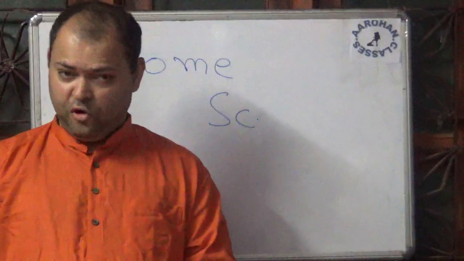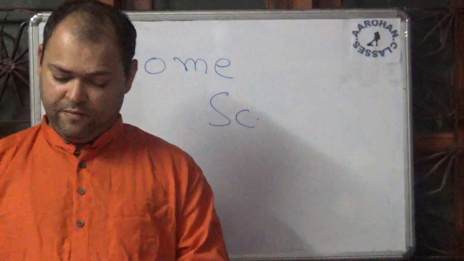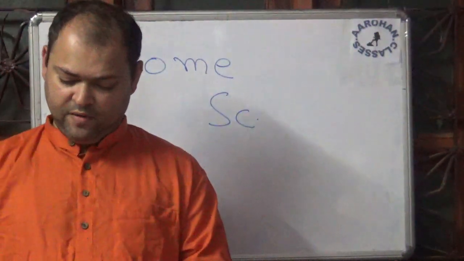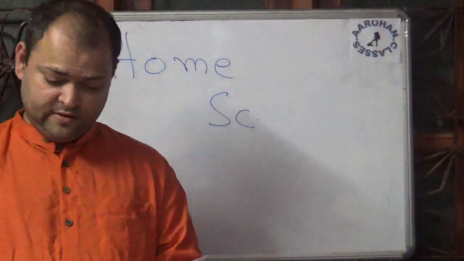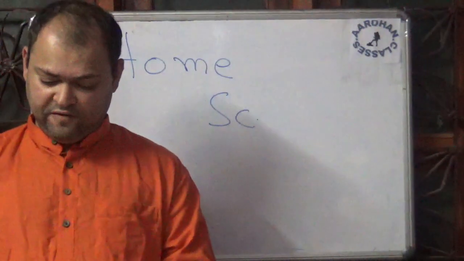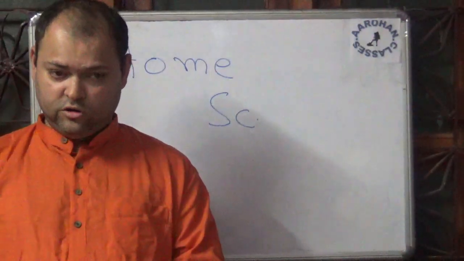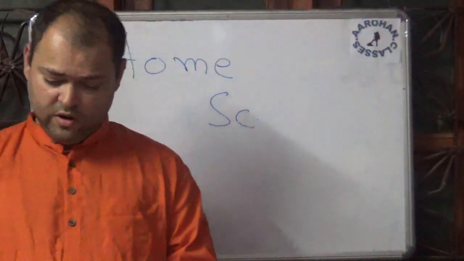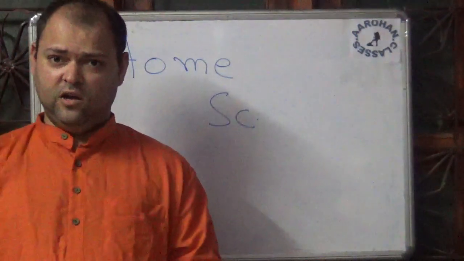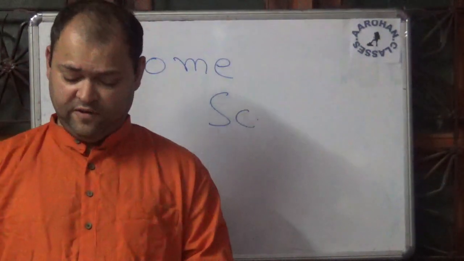The fourth subunit is therapeutic nutrition, that is therapeutic adaptation of normal diets, factors to be considered in planning therapeutic diets, dietary management in cases of diabetes, nephritis, peptic ulcer, hypertension, osteoporosis, liver cirrhosis and hepatitis. So for some of these diseases, what should be the food that a person has to take if he is suffering from them.